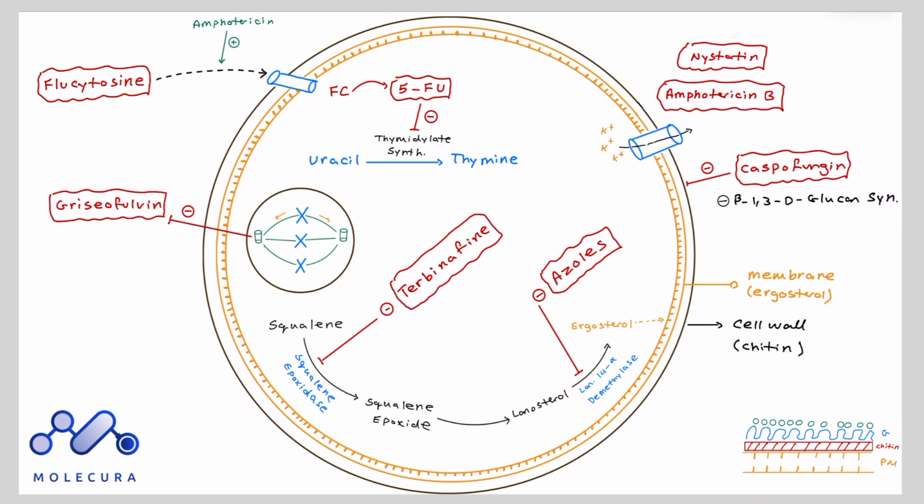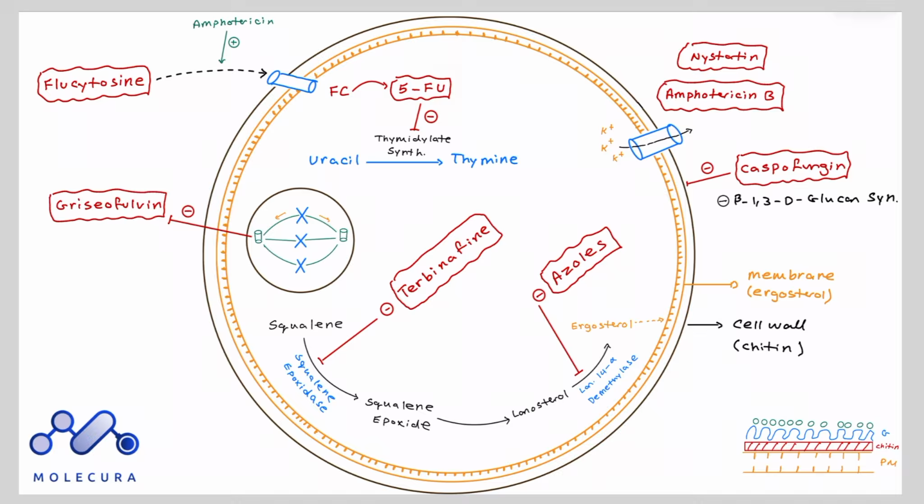Apart from this, we also talked about flucytosine. Flucytosine was a nucleoside analog which was getting inside the fungal cell, and once inside the fungal cell, it was getting converted into 5-fluorouracil, which was inhibiting an enzyme that we call thymidylate synthase.